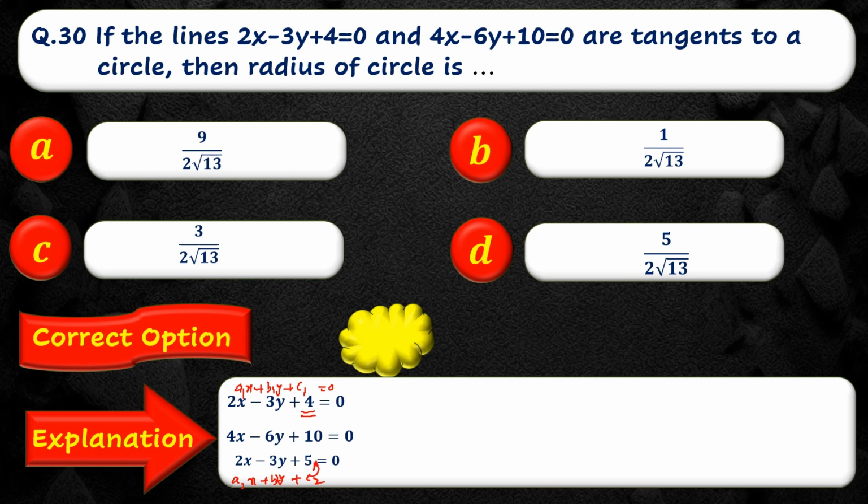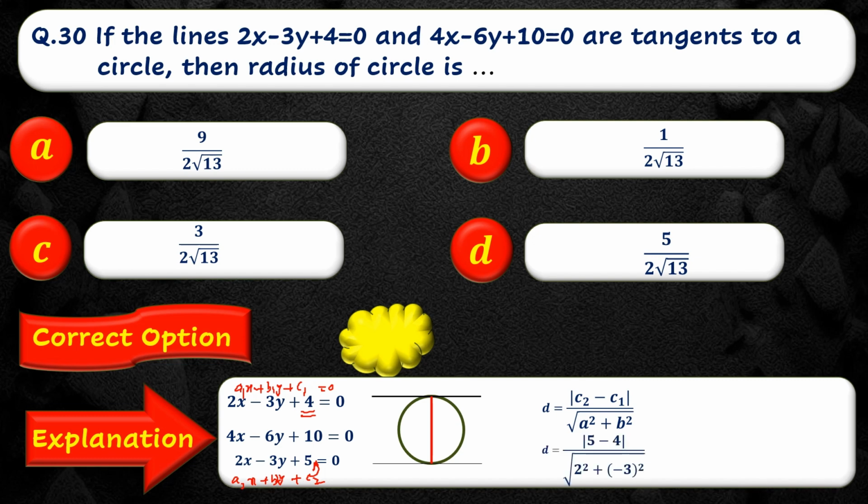Now since the lines are tangent to a circle, therefore, the distance between the lines will be equal to diameter of circle. Now we find the diameter of circle, that is distance between these two tangent lines, and from there we will find the radius of a circle. Now the distance between the parallel lines is given as c2 minus c1 over square root of a square plus b square.